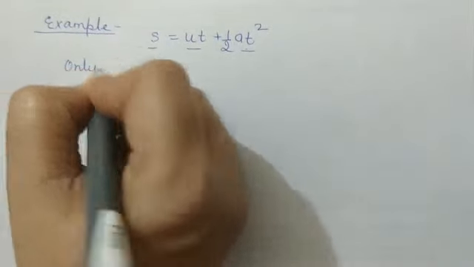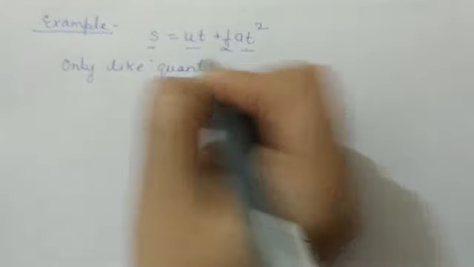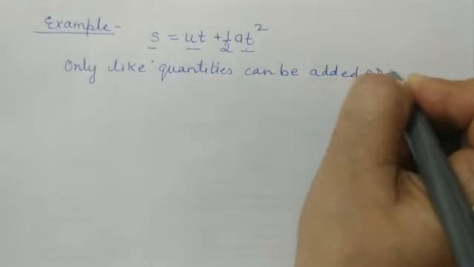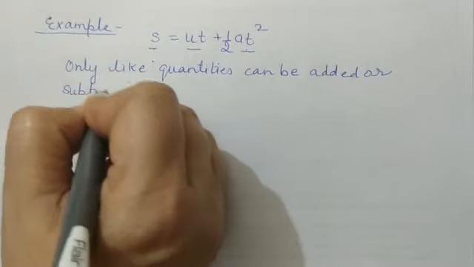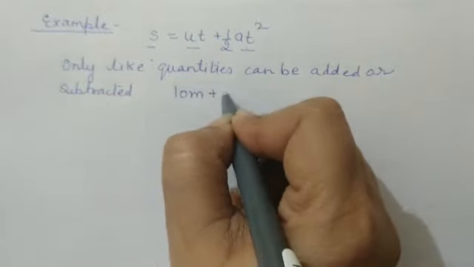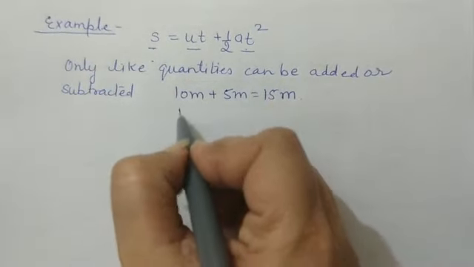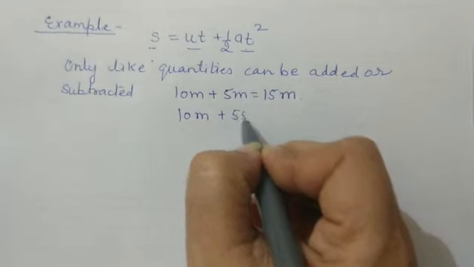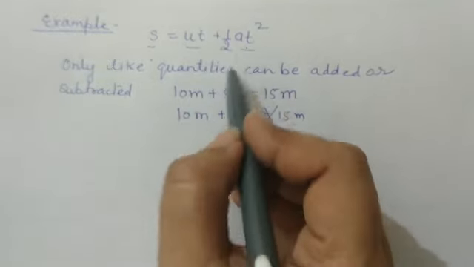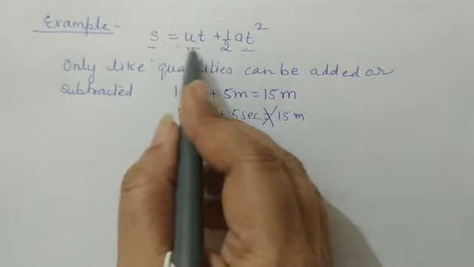Only like quantities can be added or subtracted. For example, if I am adding 10 meter plus 5 meter, this will give me 15 meter of length. I cannot add 10 meter and 5 second and make it 15 meter. This is not possible. So each term should have the same dimension. So here we'll check the dimension of each term. If they all are the same, then our equation will be dimensionally correct.